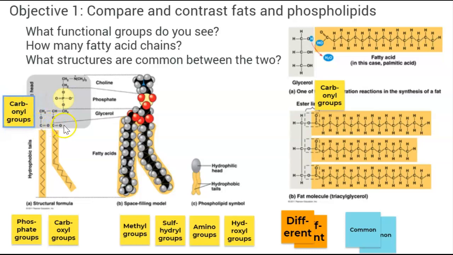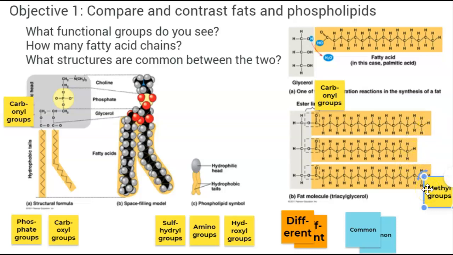So you've got carbonyl groups in both of these. There are some hydroxyl groups, but they are only within this one, so they are not in the final molecule. But one thing you will see is that you do have CH3 methyl groups on the end of those fatty acid chains.